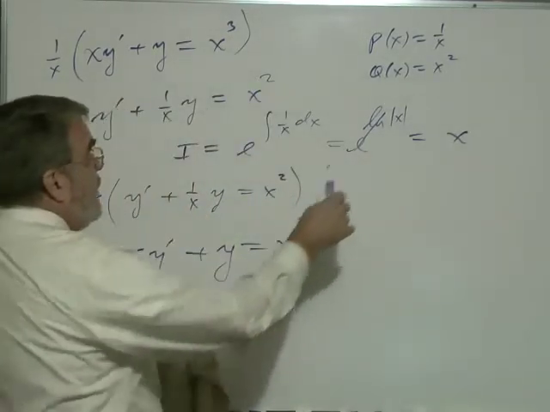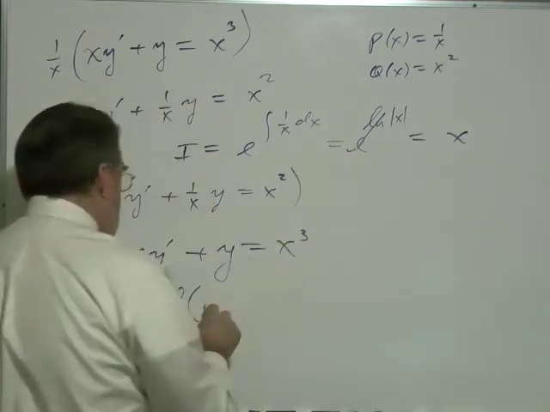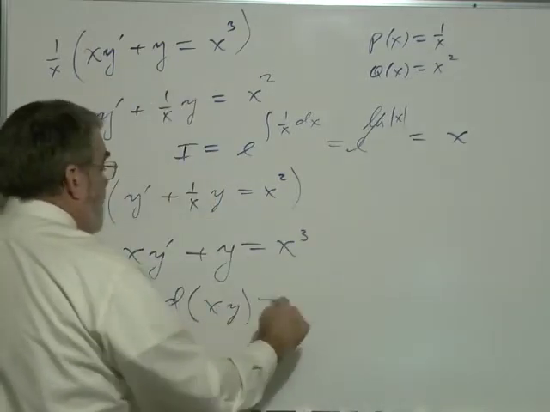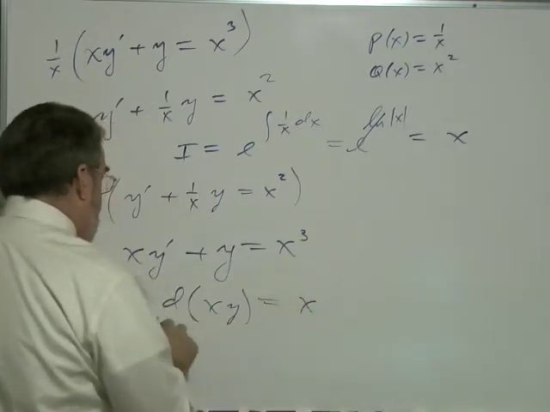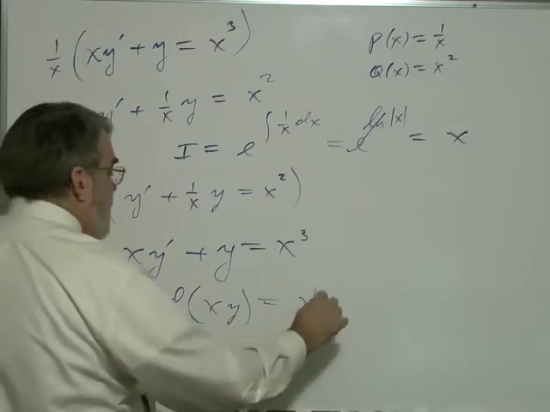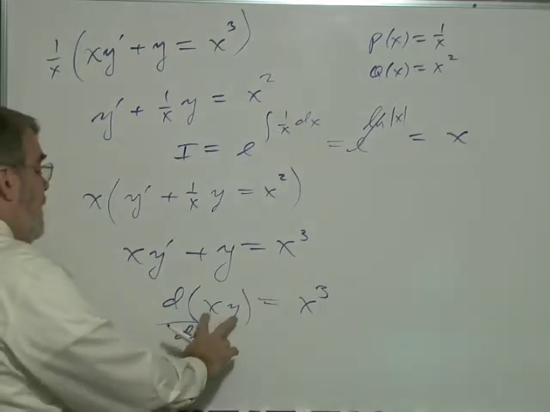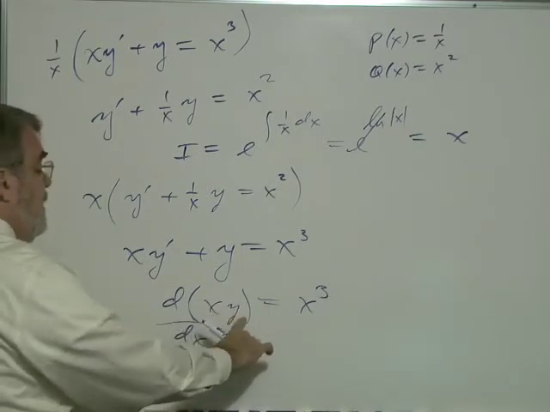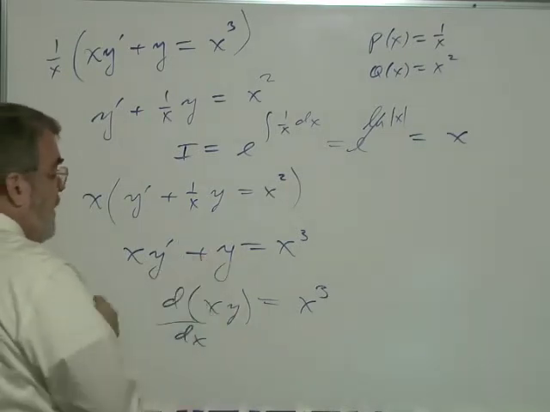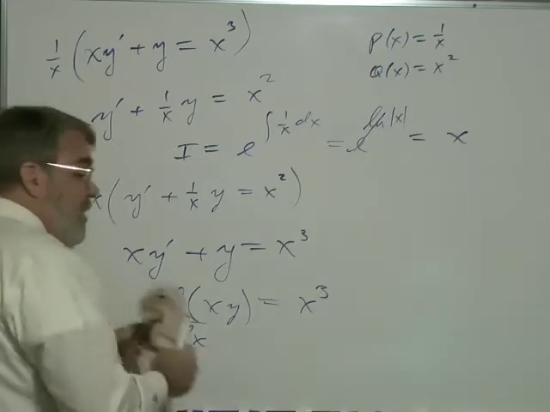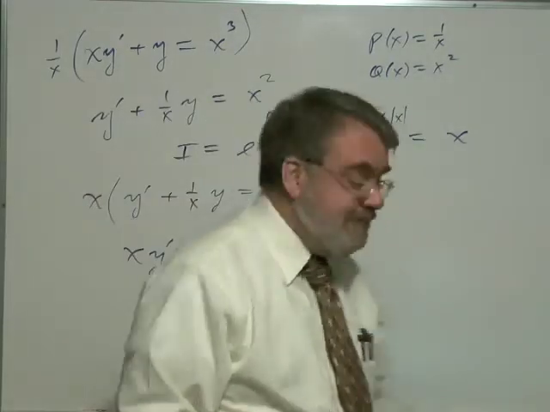The integrating factor is x, so x y prime plus y equals x cubed. Did I say differential? I'm not sure. This is the derivative. The derivative of the integrating factor times y should equal this left side. So let's verify that.